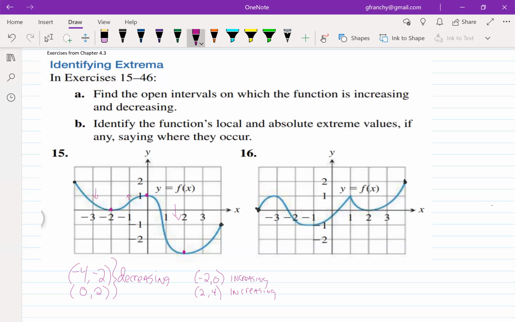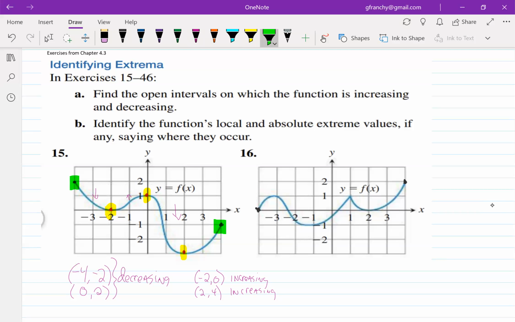So we do see a change in sign of the derivative at x equals -2, at x equals 0, and at x equals 2. And what we also have to take into consideration are our endpoints here.